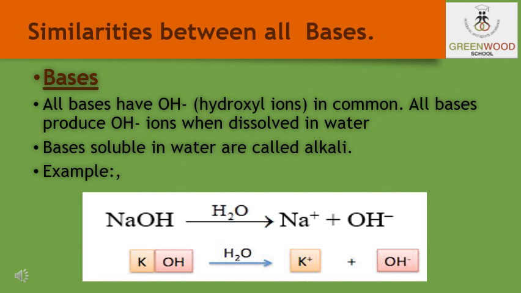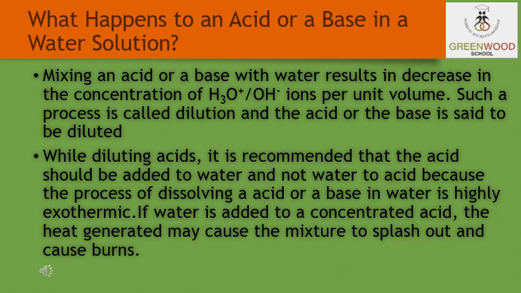Bases which are soluble in water are called alkalis. Now students, let us discuss what happens to an acid or a base in a water solution. When an acid or a base is mixed with water, it results in a decrease in the concentration of hydronium ions or hydroxide ions per unit volume.